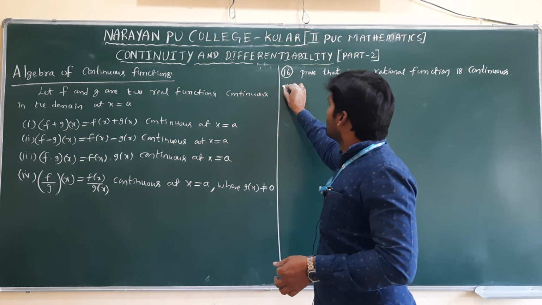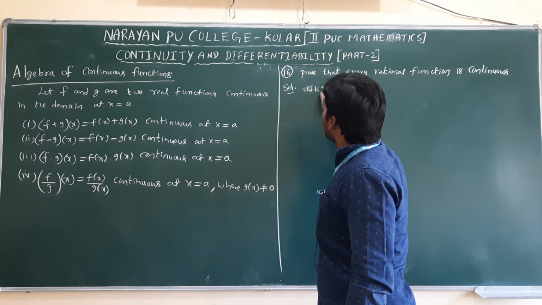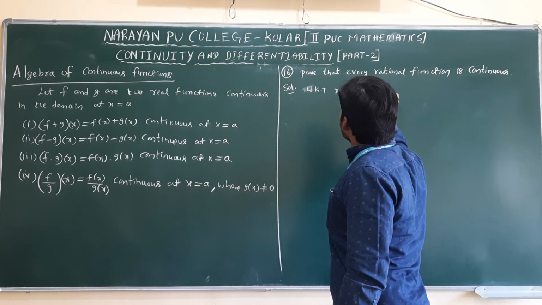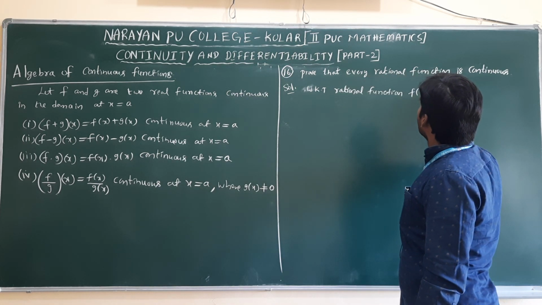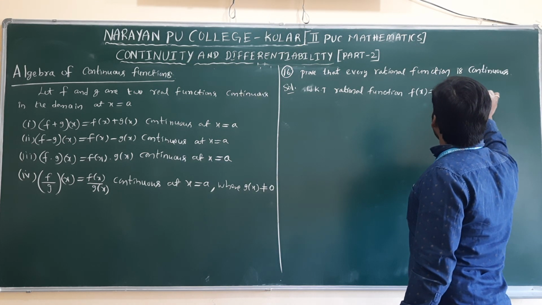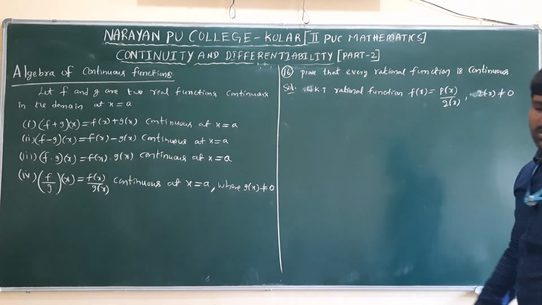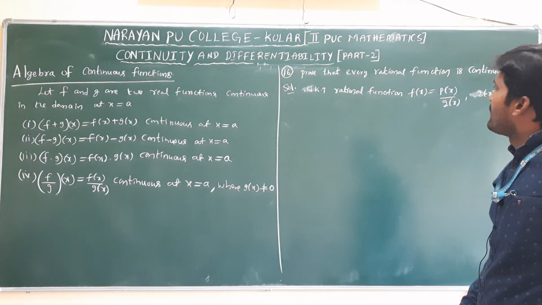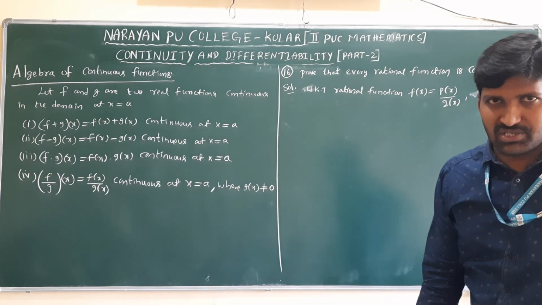Generally we know that a rational function f of x equal to p of x by q of x, where q of x is not equal to 0. Rational function definition: the function in the form of p of x by q of x, where p of x and q of x are polynomial functions.